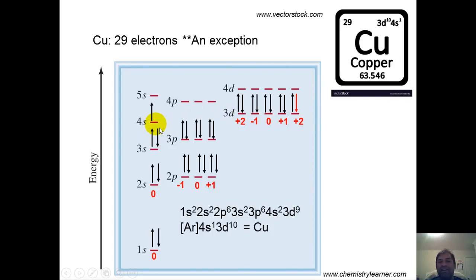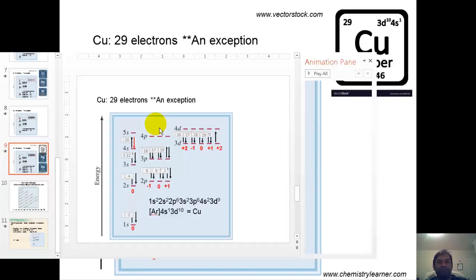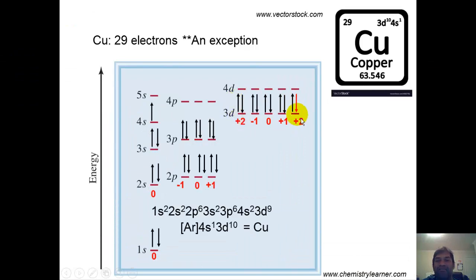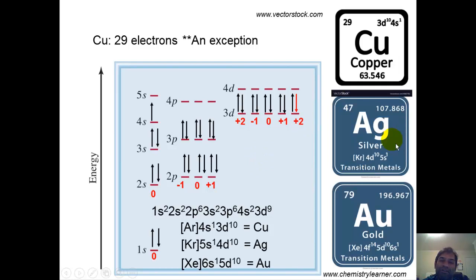This is entirely a self-promotion. So we have a completely filled 3d orbital. The normal electron configuration of copper, the long form, is not what you see because of self-promotion. It's 4s1 3d10. Below copper is silver.